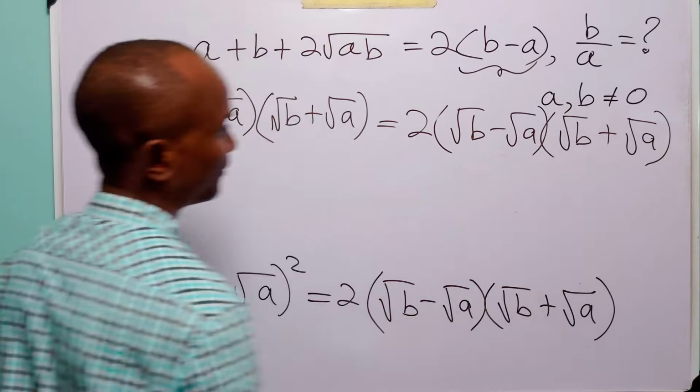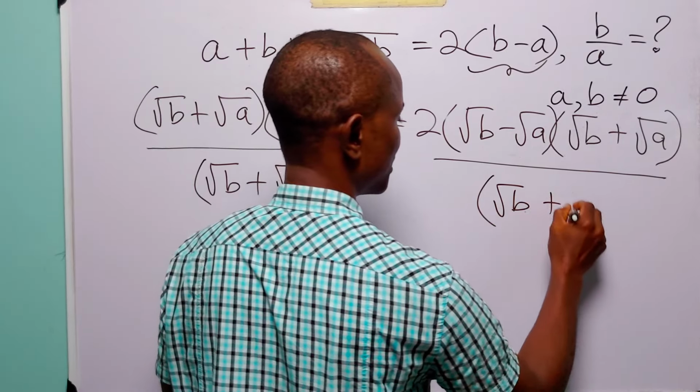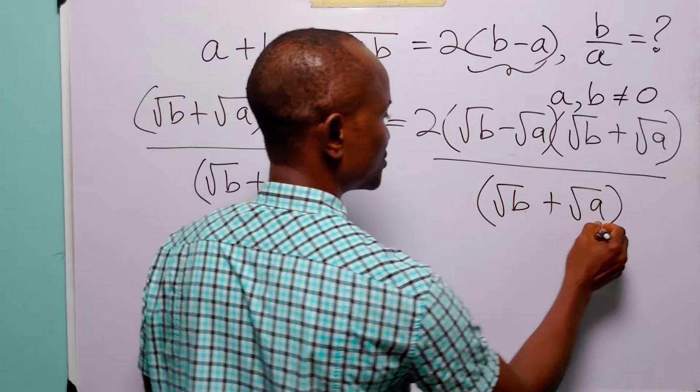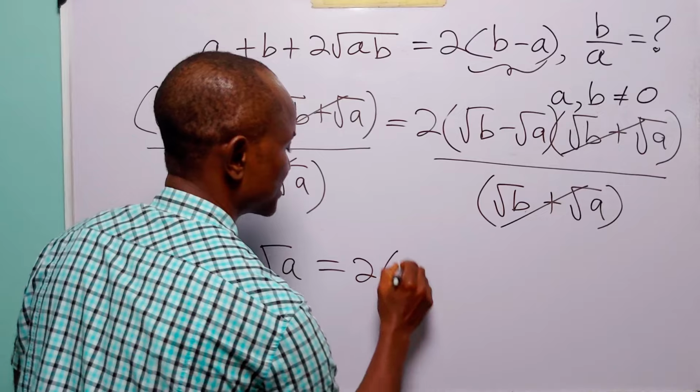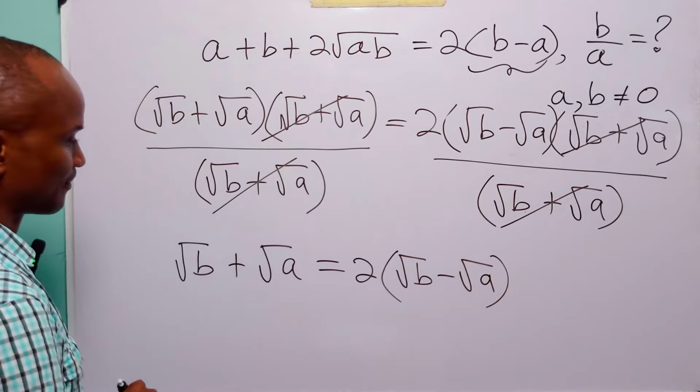So, on the left-hand side, we have this over root b plus root a. And the same thing here, root b plus root a. This is going to take care of this, and this is going to take care of that, leaving us with root b plus root a is equal to 2 times root b minus root a.